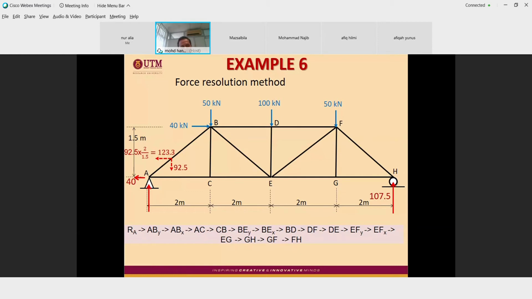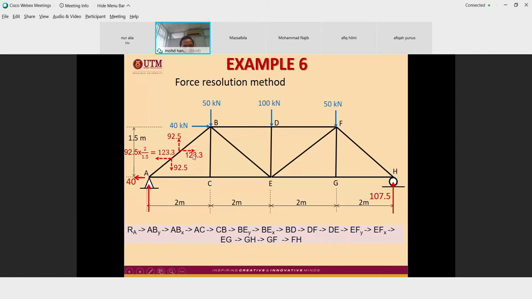So we must do it carefully, and also quickly. Then this member should be in equilibrium. For this member to be in equilibrium, we must have another set of forces which will make this member be in equilibrium.